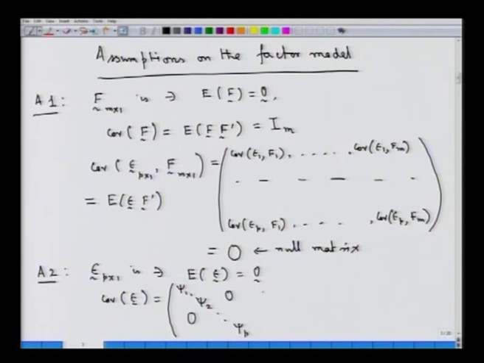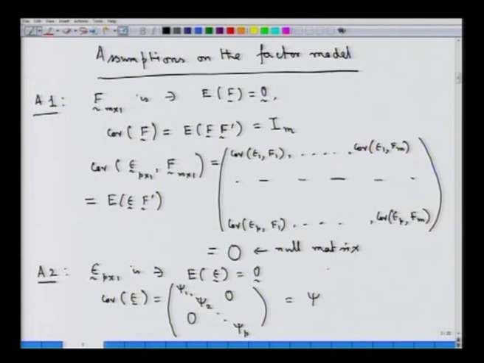These are all 0 elements. So, without loss of any generality, we denote that matrix as psi, right. So, we assume that epsilon has got this diagonal structure of its covariance matrix. So, these are the two basic assumptions.